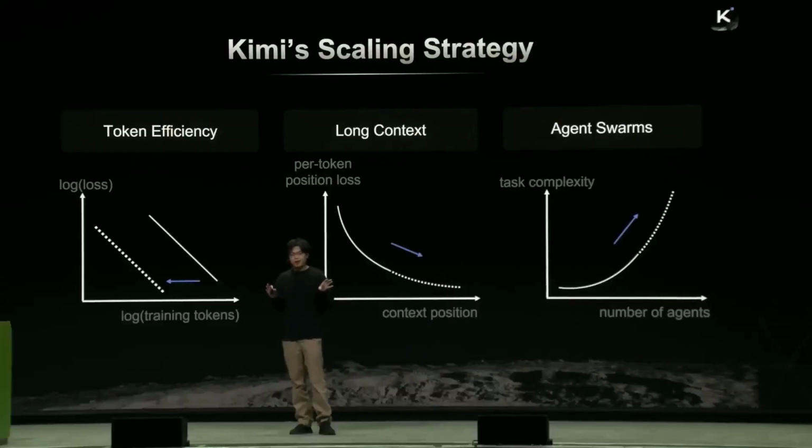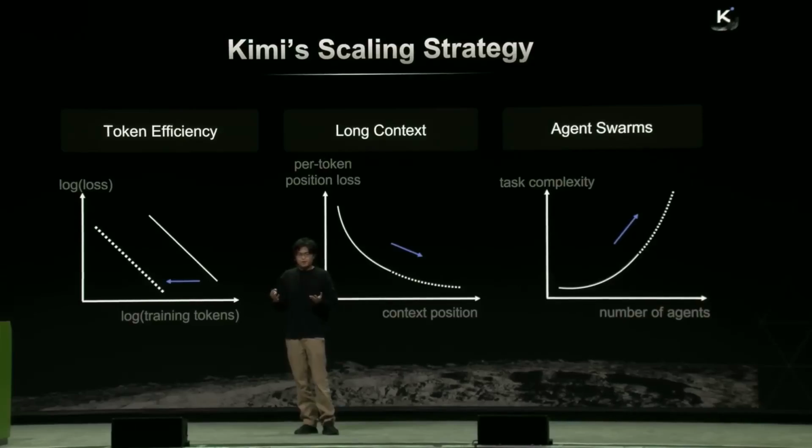So if you look at token efficiency, it's mostly about having a stronger prior so that you can have more efficiency when you do agent RL to search for a better solution. And if you think about long context, it's mostly about increasing the context length so that you can have a longer running agent. It can probably run for days or even weeks or months to accomplish more complex tasks.